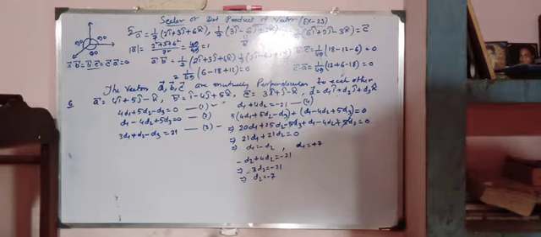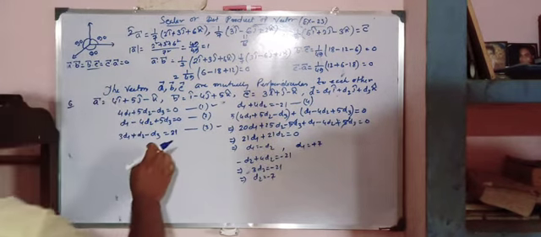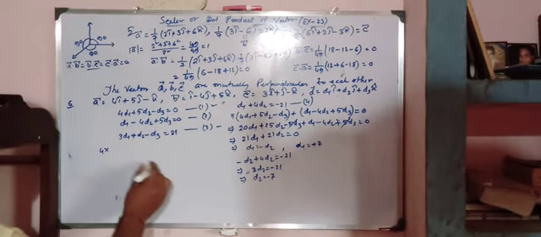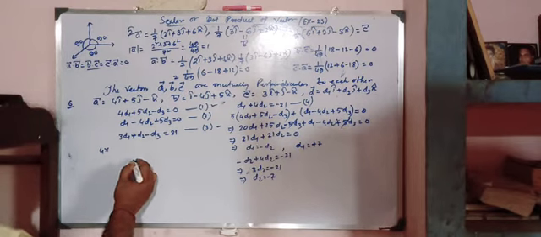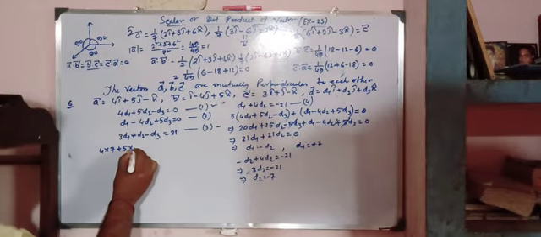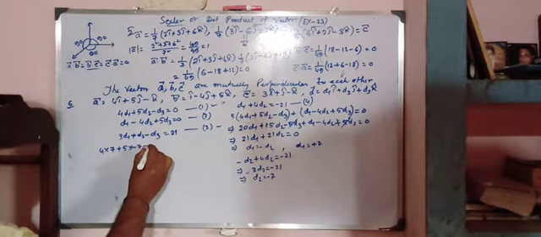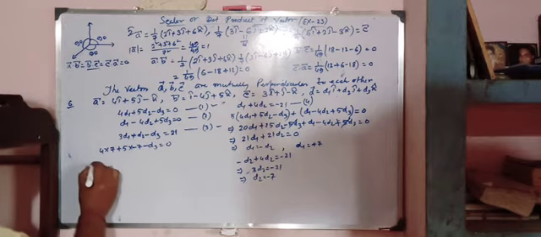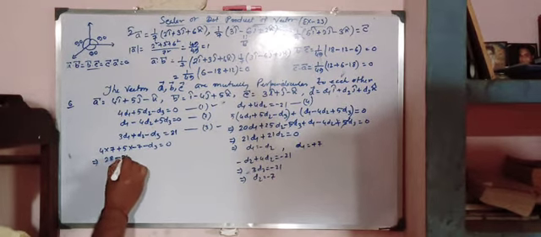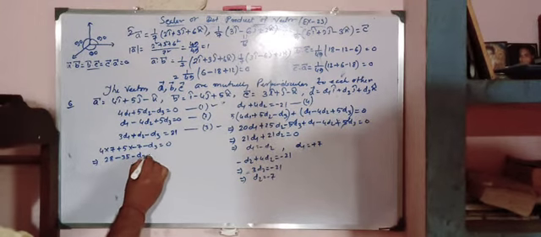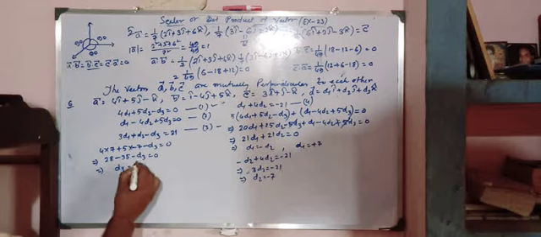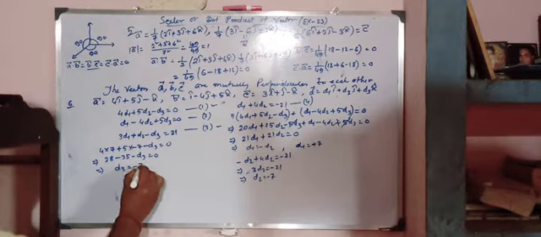Now put these two values over this equation. 4 into D1 means 7 plus 5 into minus 7 minus D3 is equal to 0. This is 28 minus 35 minus D3 is equal to 0. So D3 is equal to obviously minus 7.